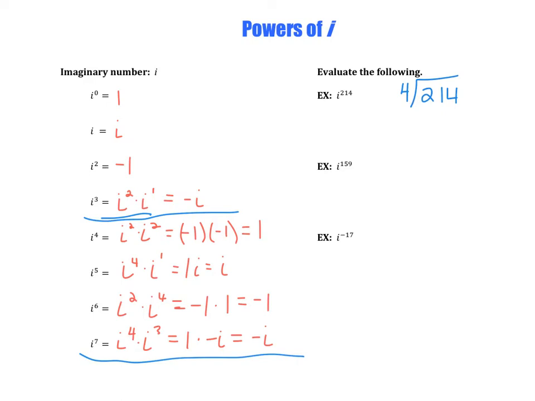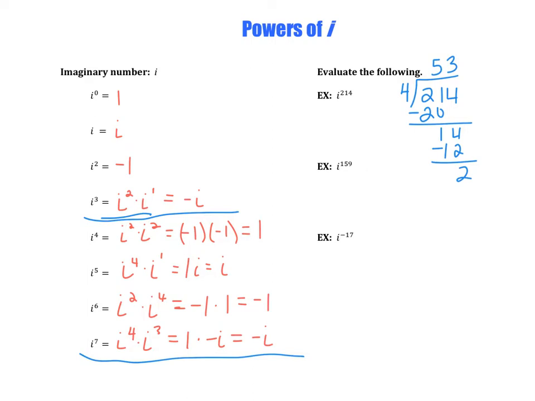So 4 goes into 21 5 times. 5 times 4 is 20. If I subtract, I'm now asking how many times does 4 go into 14? It goes in 3 times. 3 times 4 is 12. Remember elementary school? And then we have a remainder of 2. Here's how that helps us.